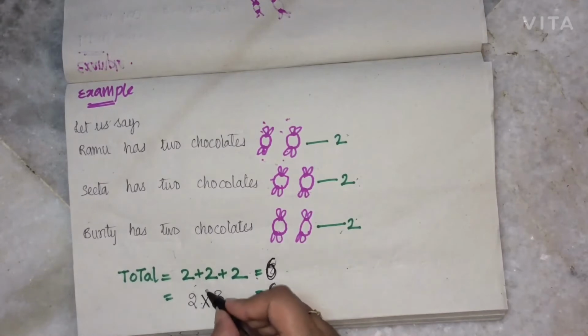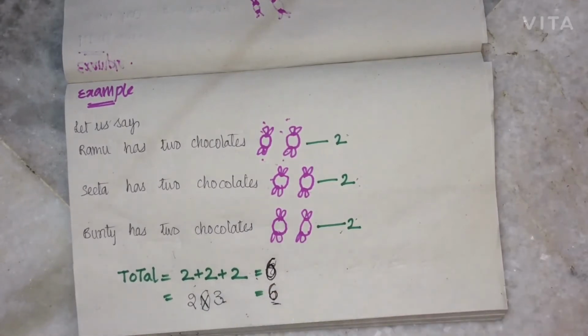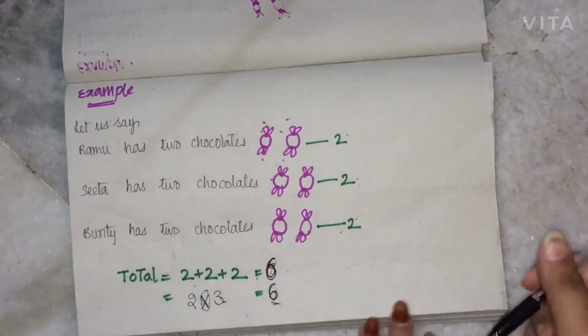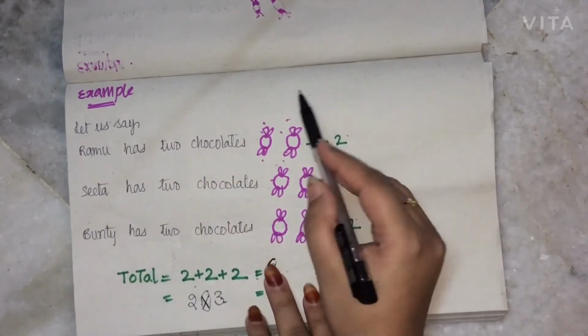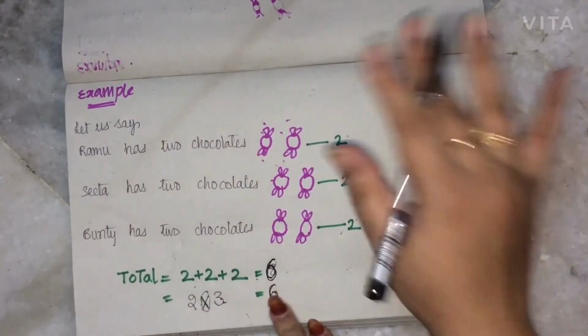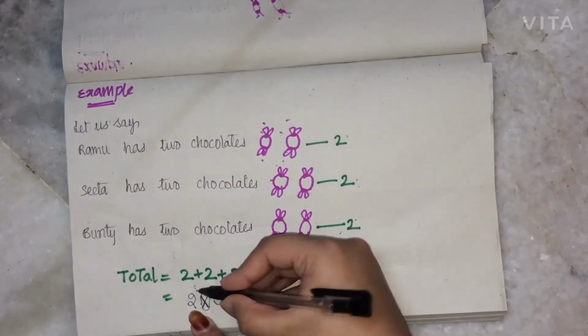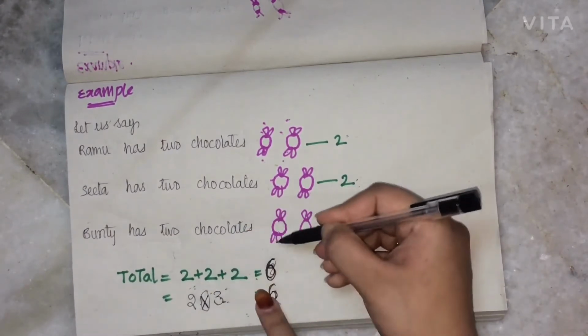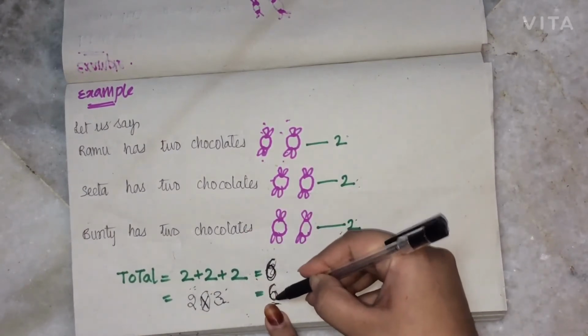So this is your multiplication sign. What is multiplication? It means you are adding the same number again and again. So instead of writing 2 plus 2 plus 2 for n times, we write it as 2 multiplied by 3, which means we are adding number 2 for 3 times, which will also give you the answer 6.